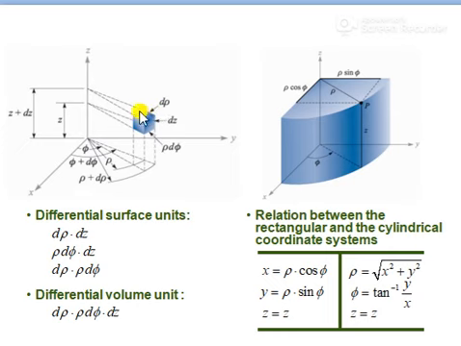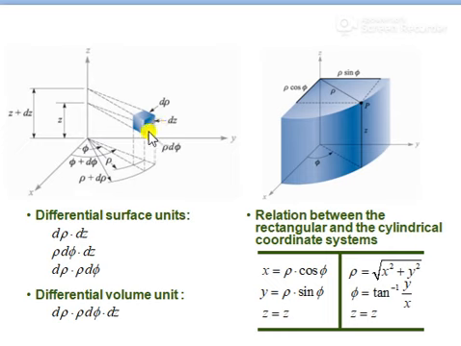Now here we know that it can have a differential length. So what will be the differential length? One will be along a rho, its length d rho, so d rho a rho, plus rho d phi a phi, because this will be the length along the direction of a phi.